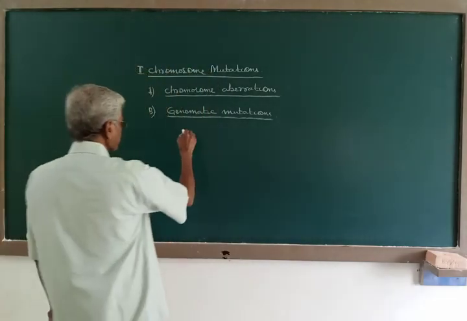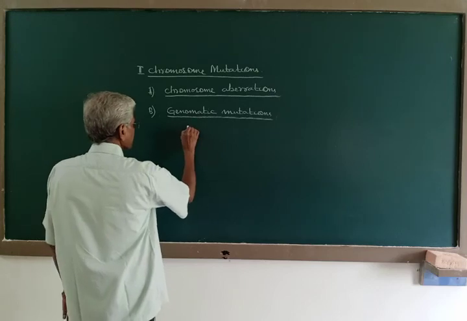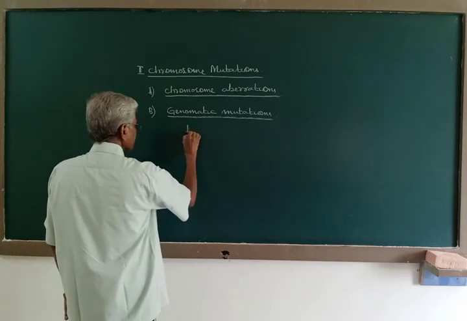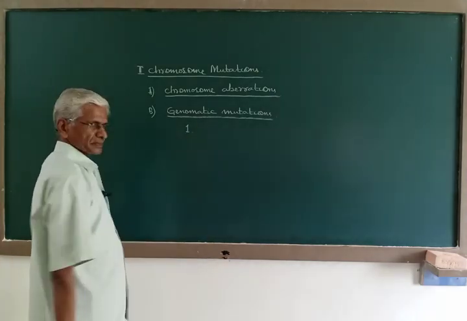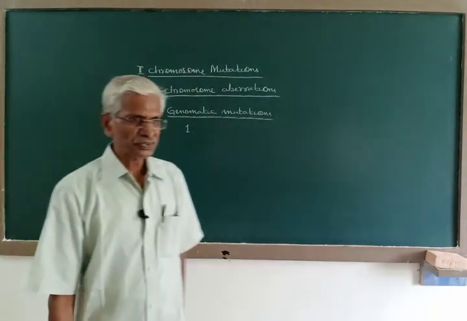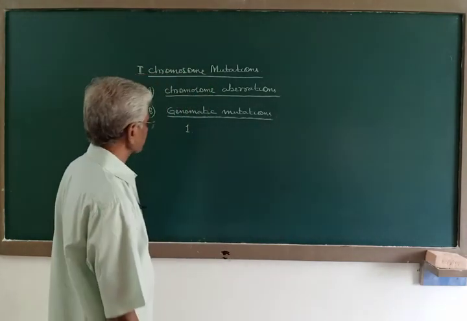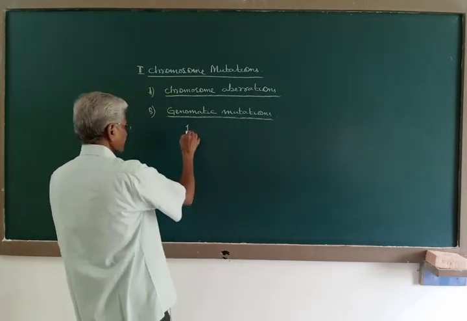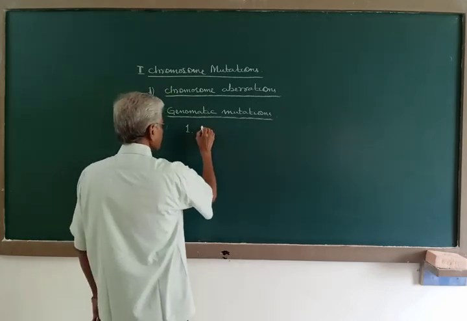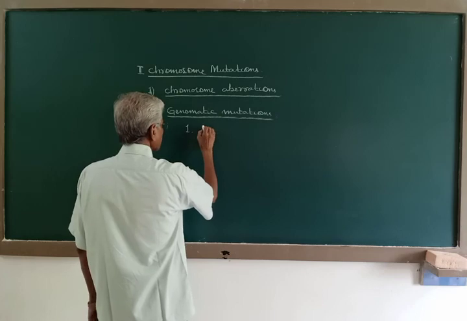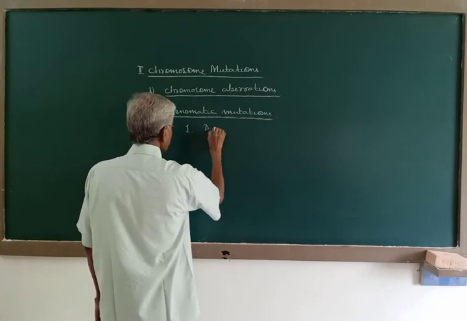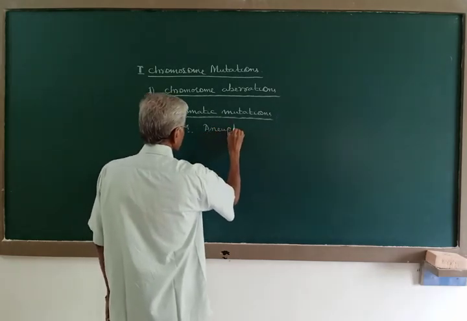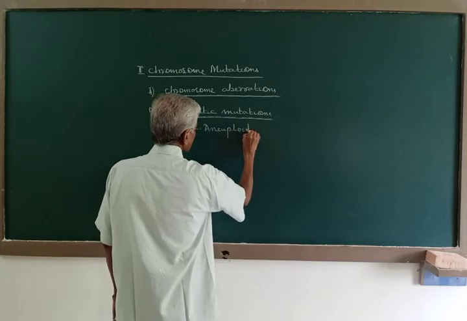Now genomatic mutations, there are two types of genomatic mutations, changes in the number of the chromosomes. Now one is aneuploidy.